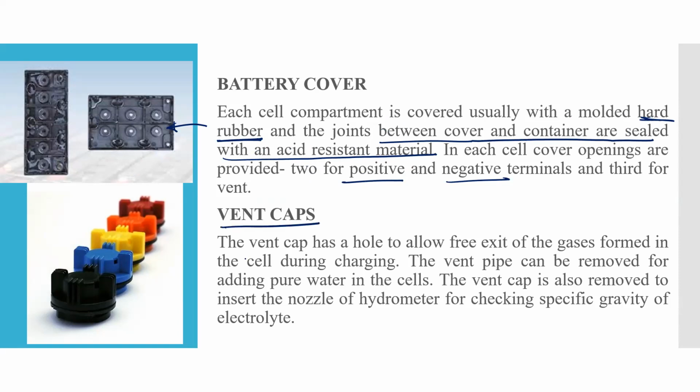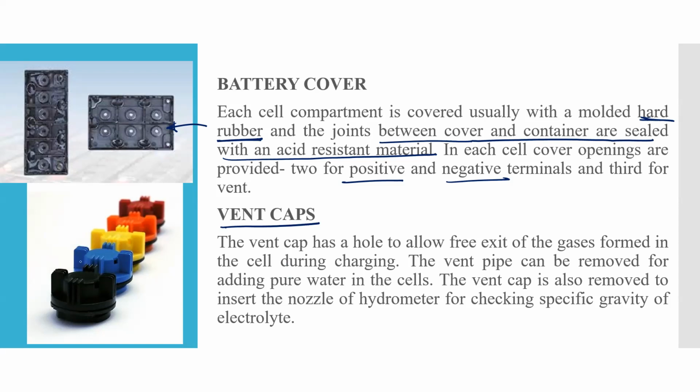Okay, another one is the vent caps. Sometimes we look at them as terminals. They are not terminals, actually, they are vent caps, right? You must have seen them on top of lead acid batteries.